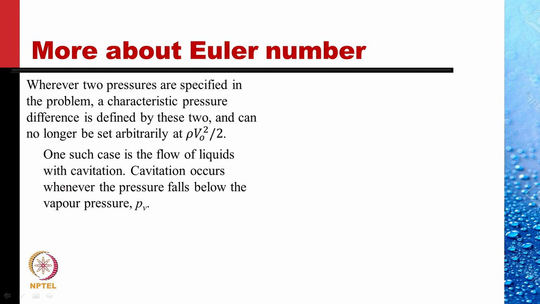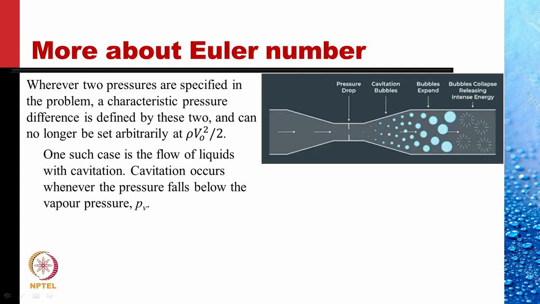If the vapor pressure at the temperature of the flow is Pv, then P0 minus Pv is a characteristic pressure difference that should be used to normalize the pressure difference. We've shown here a converging-diverging channel with a liquid flowing through it.